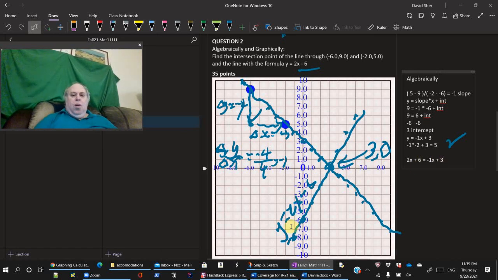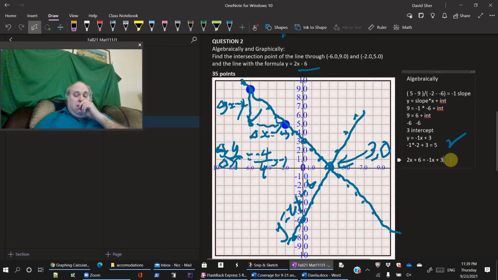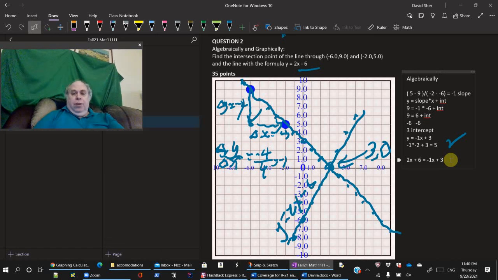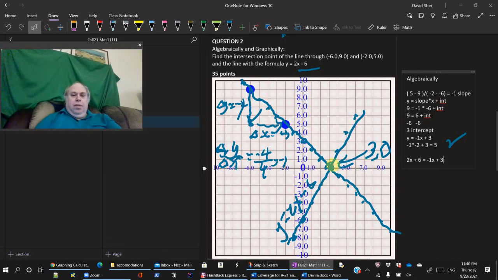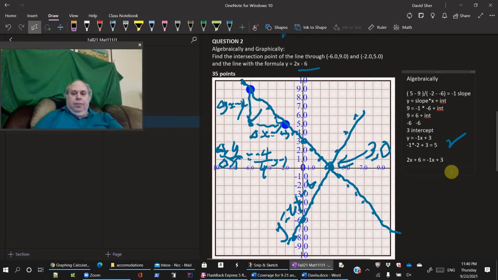That is, the y of this line, 2x plus 6, will equal the y of that line, minus x plus 3. So what x makes the two y's equal? We're finding the x value of this point.